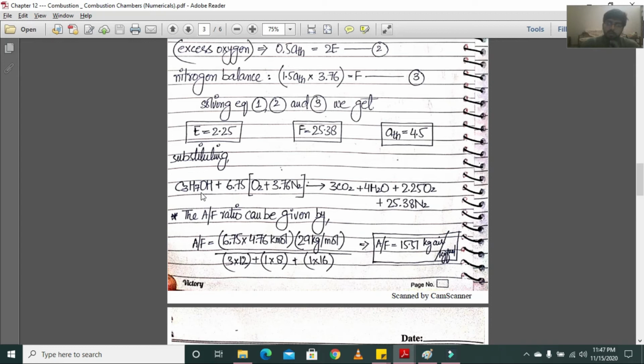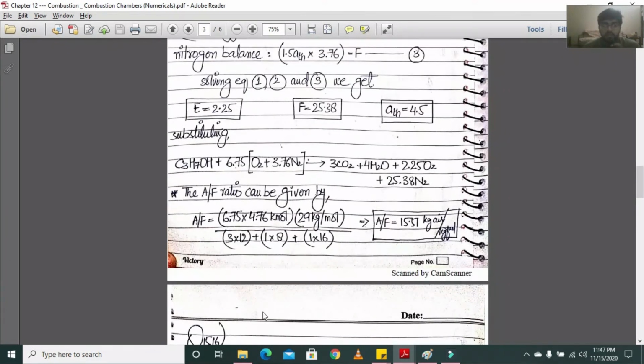Now in order to determine the air fuel ratio, I will simply determine the mass of the air and the mass of the fuel. The mass of the air can be obtained by simply multiplying the number of moles with the molecular mass of the air, which is 29, and the number of moles can be obtained from this balanced equation, and it is coming out to be 6.75 multiplied by 1 plus 3.76, which is 4.76 moles of the air.